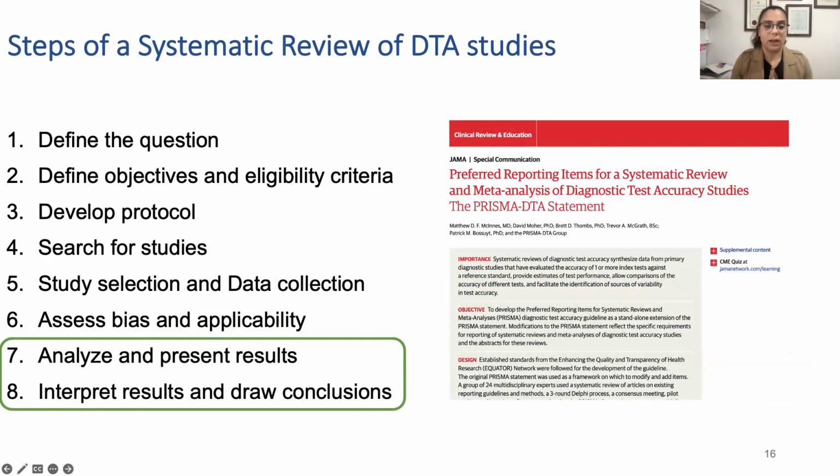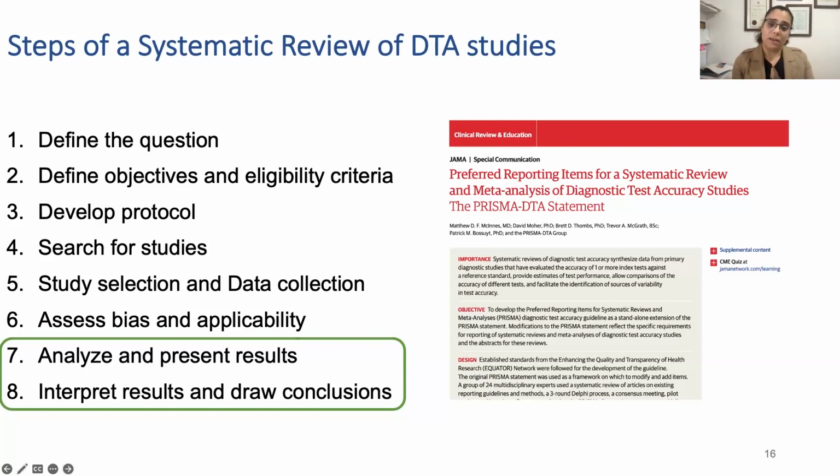But overall, as I said, we have to follow a very clear process, as we said here. We need to have an effective and efficient searching of the studies. We select the studies, we assess the applicability and risk of bias of those. And then we interpret and analyze the results using the methods that we're going to see in the next few slides.